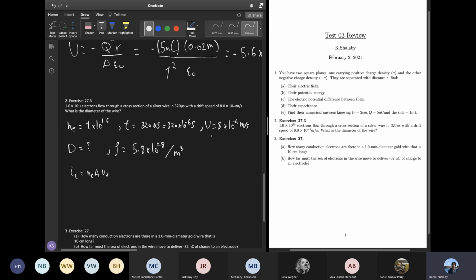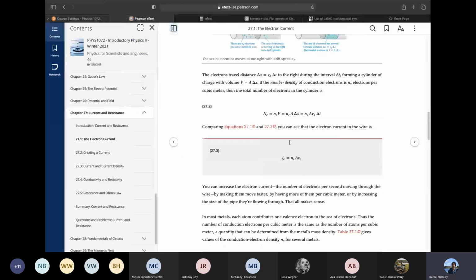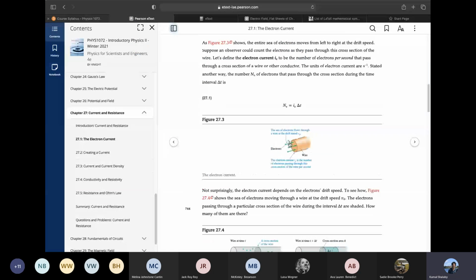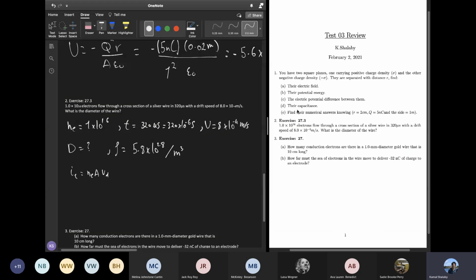There's also another equation that we saw along the way: the total number of electrons is equal to the electric current multiplied by the change in time. So we also have big N_e equal to the electron current multiplied by the time.